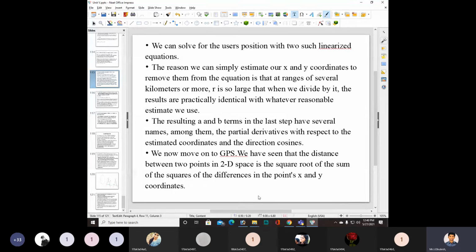Among them, in particular, they are the partial derivatives with respect to the estimated coordinates, and the direction cosines.